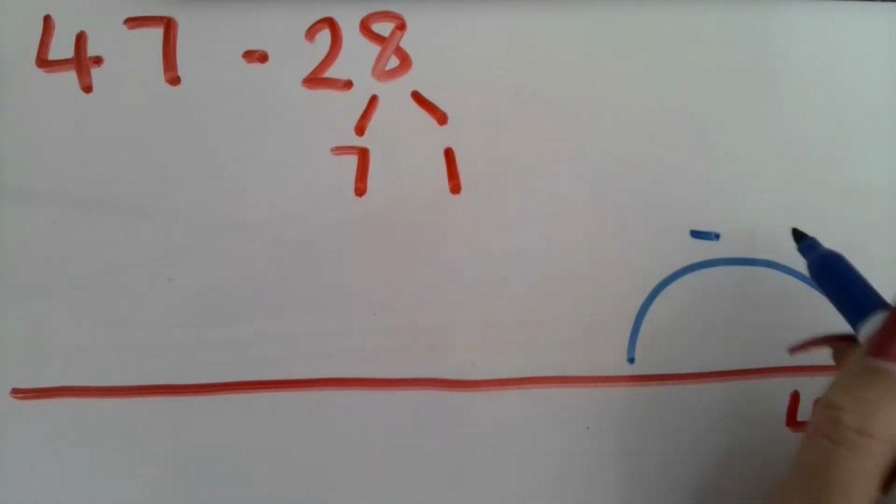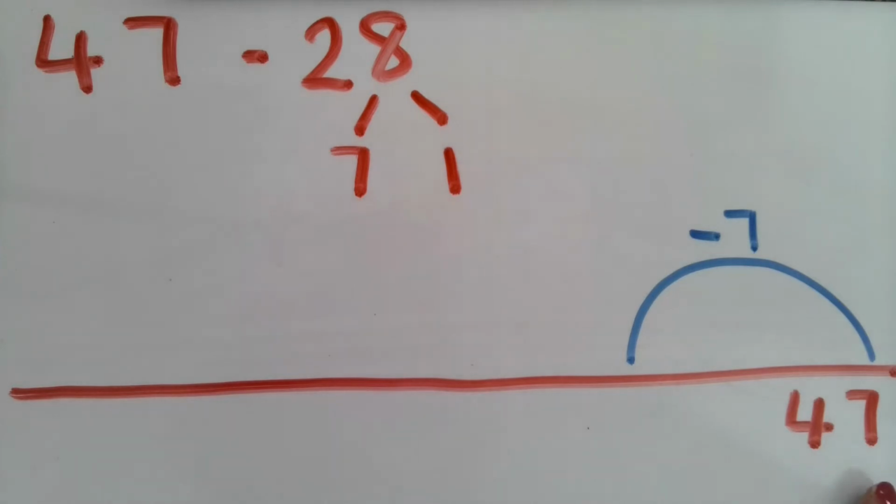So I'm going to take away the 1s over here, these 7 1s, because I want to get to my previous 10. So that seems like the most logical and sensible thing to do. 47 take away 7 will take me to my previous 10, which is 40.